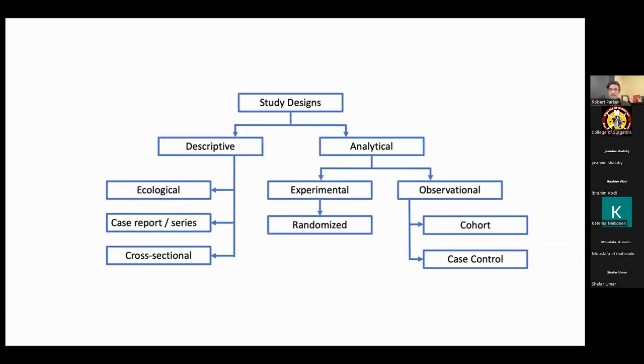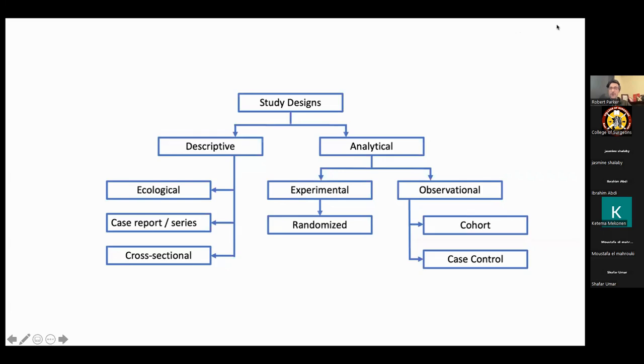All right, so study designs, we kind of think of them broadly. We can break them up into groups, whether they're descriptive or they're analytical. Within the descriptive, we have ecological, we have case reports or case series, we have cross-sectional, like a survey. We have on the analytical side, more experimental.